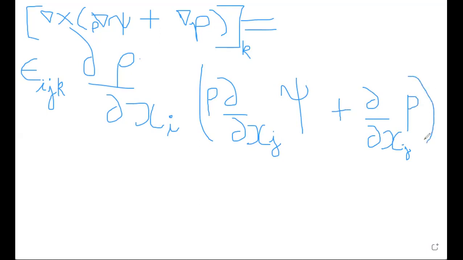So that's the jth component of this vector. And then I take the curl of that, so I take the derivative with respect to x i. Are we all okay with that?